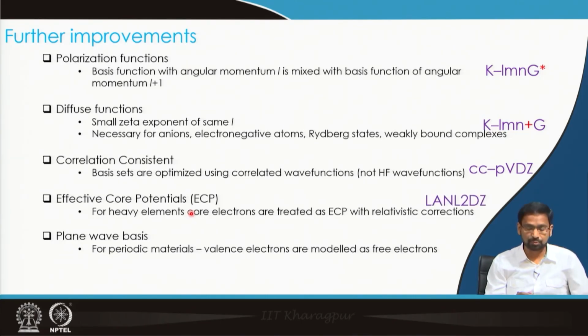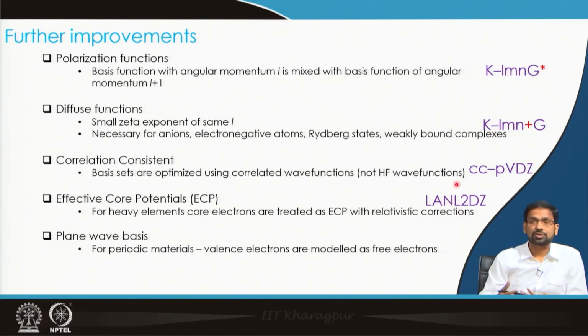So, that way effective core potentials are very useful when you are talking about heavy elements, in particular metal ions or metal complexes. One famous basis function along that line is the Los Alamos National Laboratory 2, that is the name of the effective core potential, and the double zeta is the basis for the valence electrons. So, together you talk about the core and valence together.